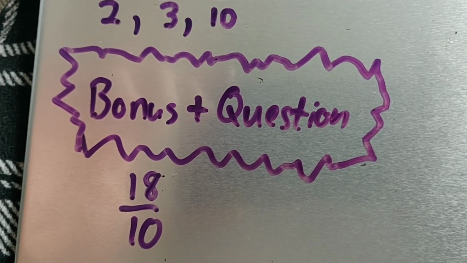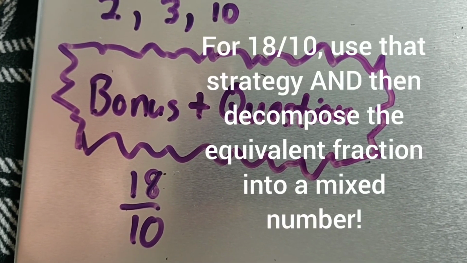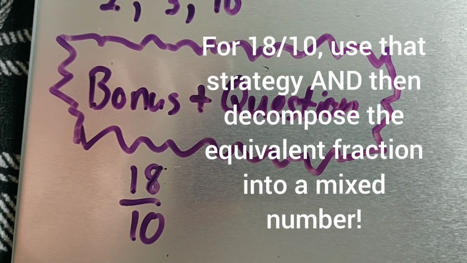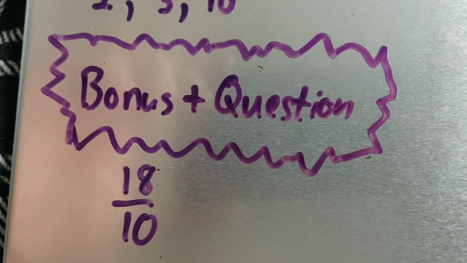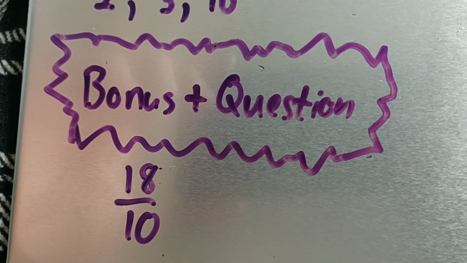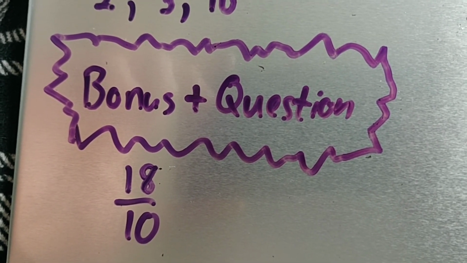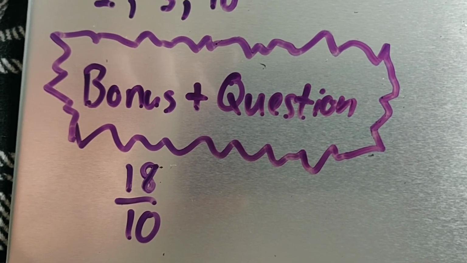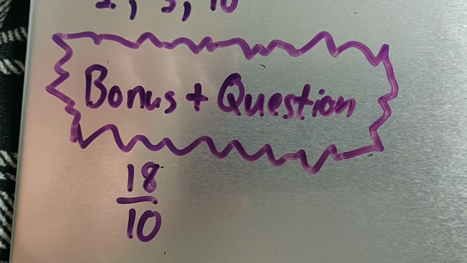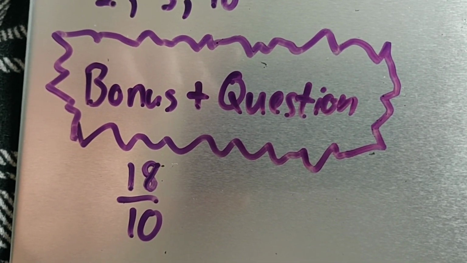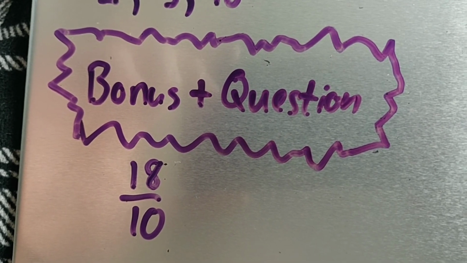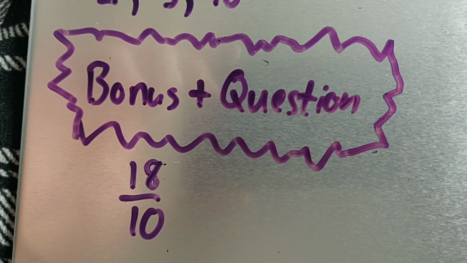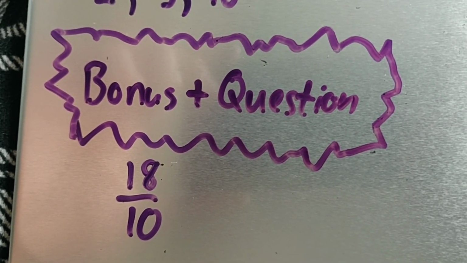And for your bonus plus question, which I also want you to try, you should be able to use the same principles or the same method that we used when we were doing the practice problems to figure out where 18/10 would go on this number line.